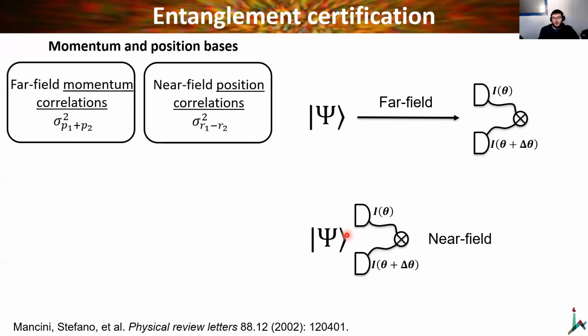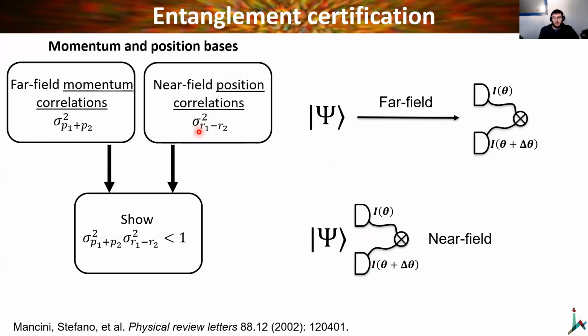After that, we'll measure in the near field to obtain the position correlations between the two photons. Having these two results, we can check if we can break some inequality. In this example, if the multiplication of the two uncertainties is smaller than 1, then we know that our state is entangled.